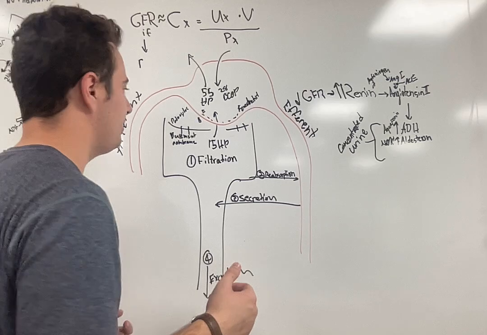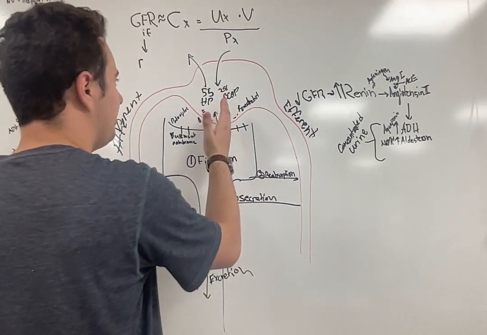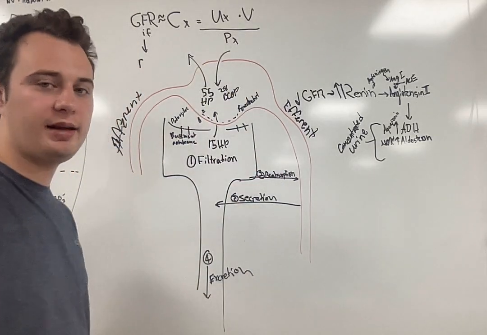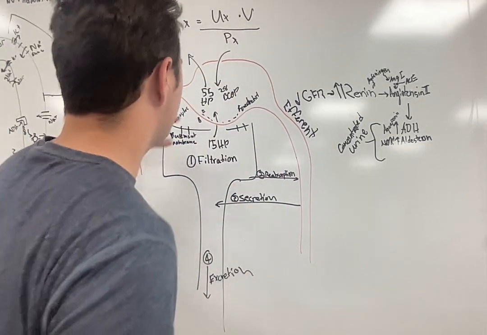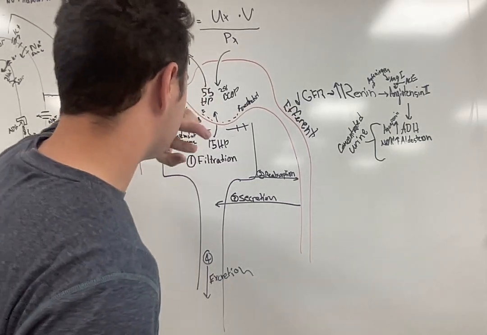So let's do some math here. You'll have 15 pushing back into the capillary, 28 pushing back into the capillary. We'll just call it an even 45. And then you have a total of 55 hydrostatic pressure pushing out.